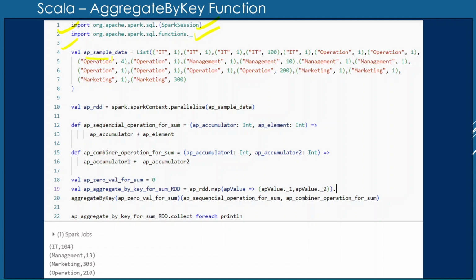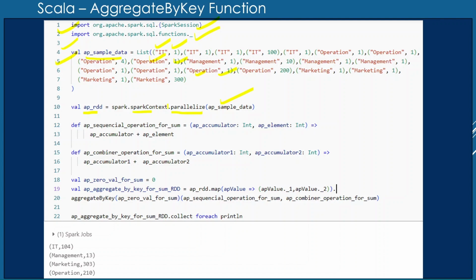Here I am creating a list variable, and the data in this list variable are in the form of key and value, key and value, key and value. With the help of this list, I am going to create this RDD using the Spark context and the parallelize method, by passing the list object which we created here, which has the required data in the form of key and value.